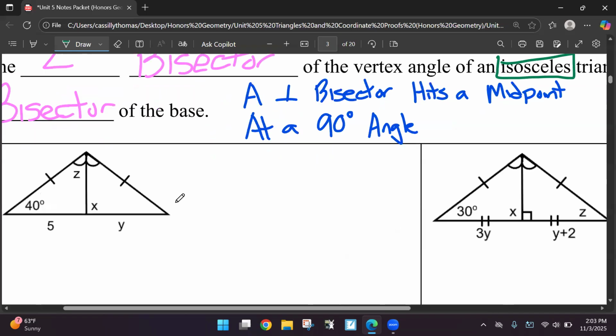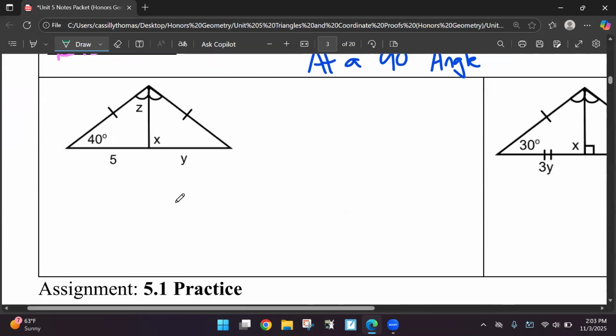Here's just a couple examples of that. So we for sure have an isosceles triangle. Since that's an isosceles triangle, this is an angle bisector right here. So that tells us that this point is a midpoint.